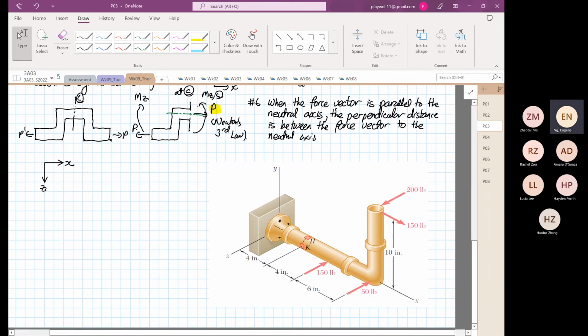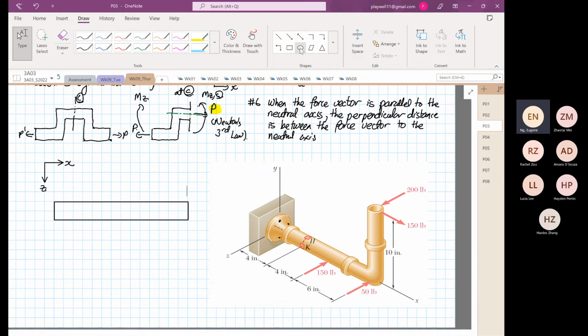So we are going to look at the XZ plane now. Now we're going to draw a circle. We're going to have 4, 4, 6. Then there's a circle down here.